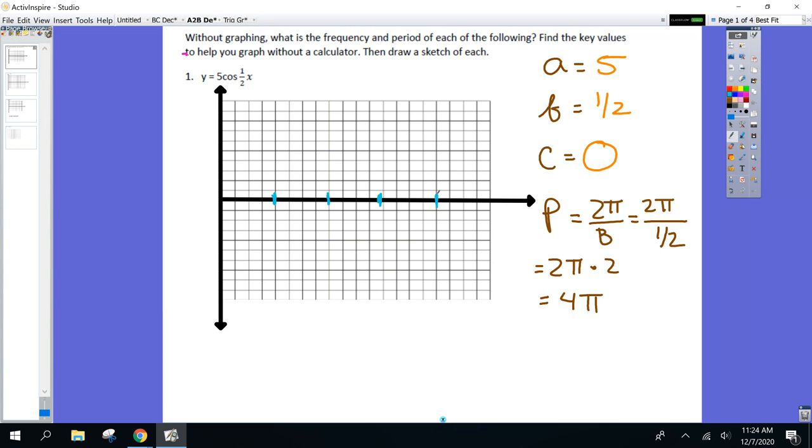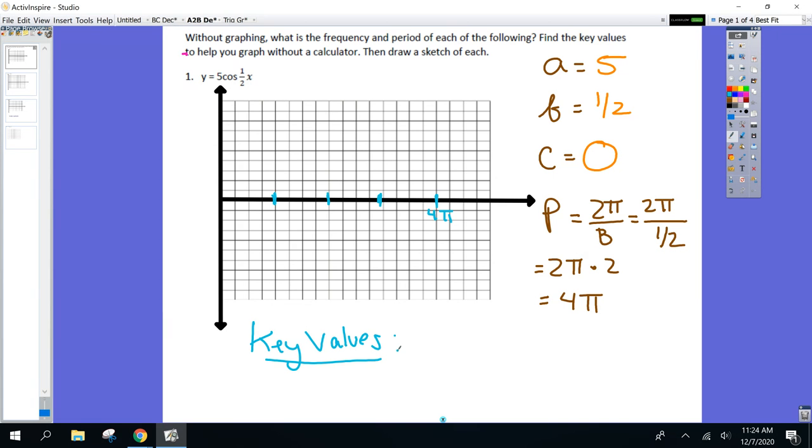I'll give you a chance to set that up. All right, I at least know it's got to end at 4 pi. That's the period. That's where the curve ends. What comes before it, I figure out by determining what my key values are.